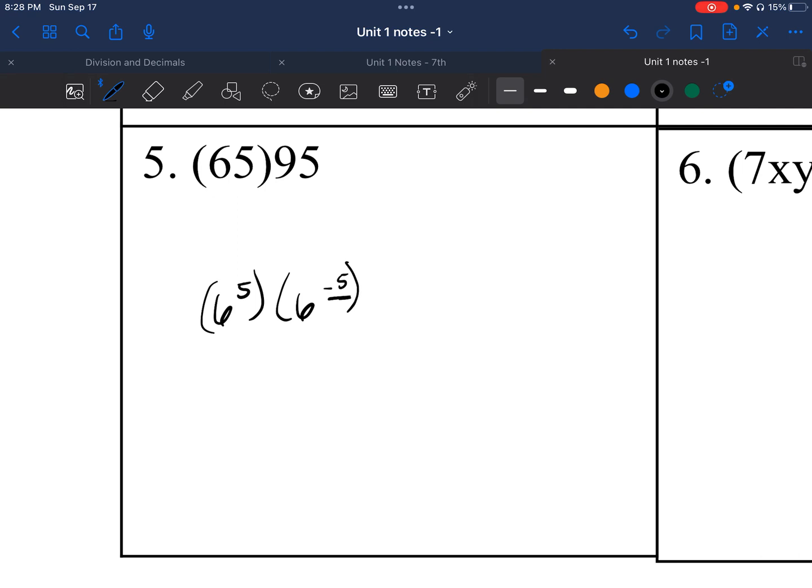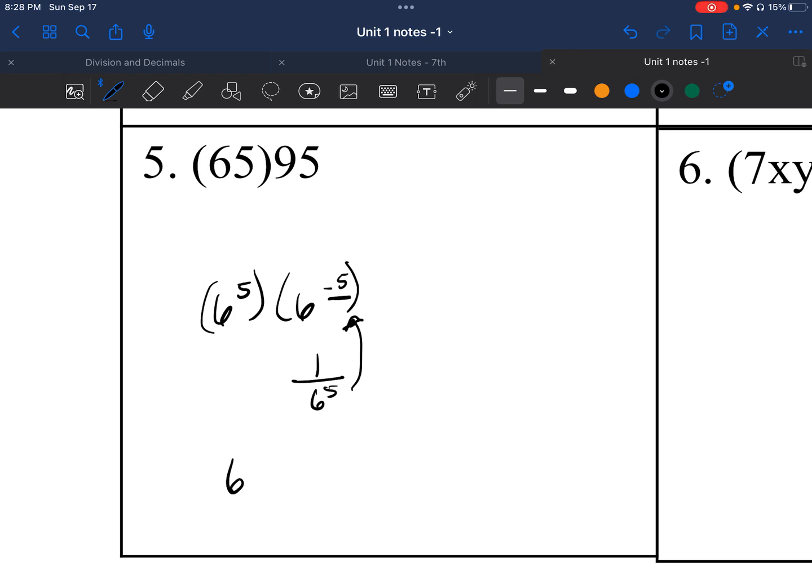Now we have a negative exponent, and a negative exponent we treat the same, because a negative exponent can be understood as 1 over 6 to the 5, but when we convert it into a non-fraction form, it becomes a negative. So this is the same.